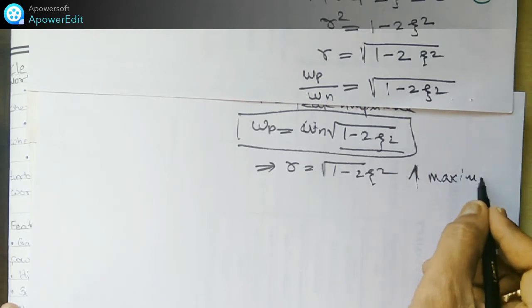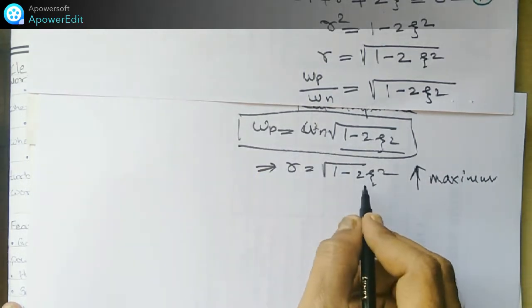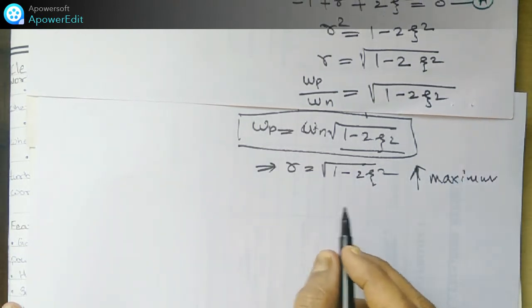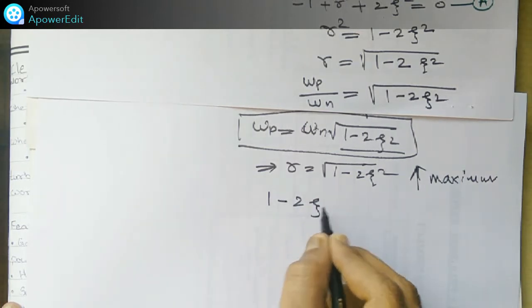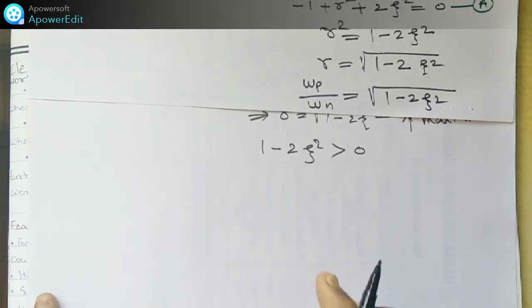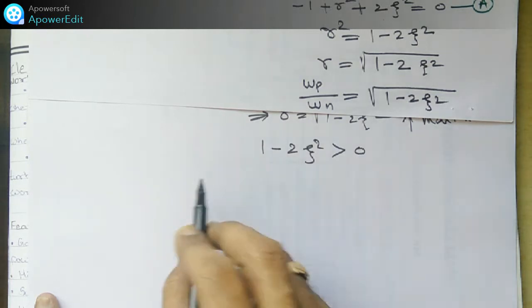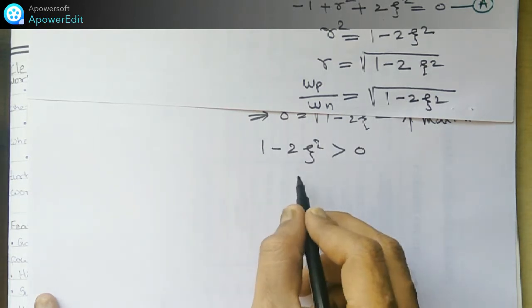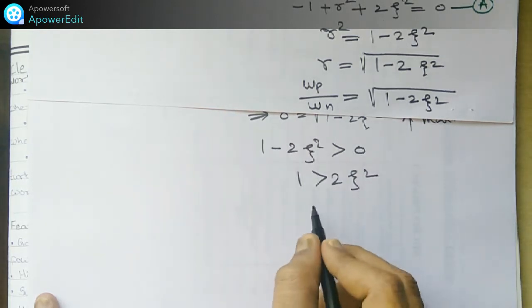This r is possible at maximum when the term under the root becomes greater than 0, means 1 minus twice zeta square is greater than 0. That means what? Take the case of this positive quantity only. Positive quantity we have taken. In this case, what will happen? This 1 is greater than twice zeta square, means half is greater than zeta square.